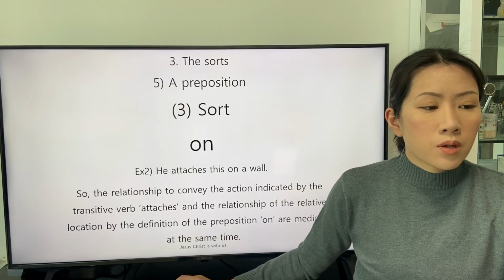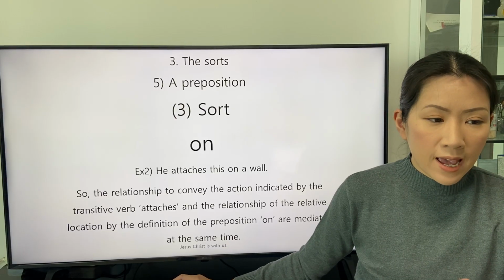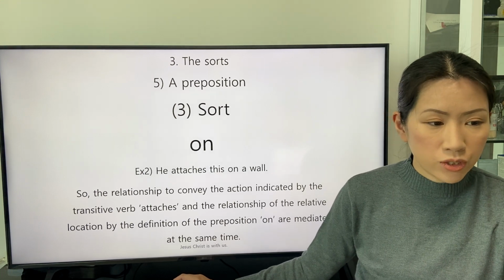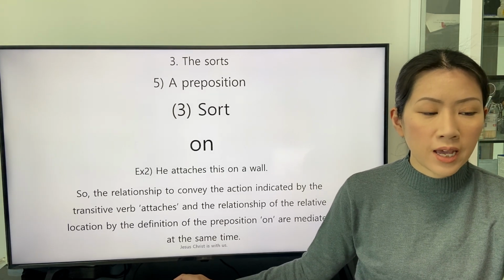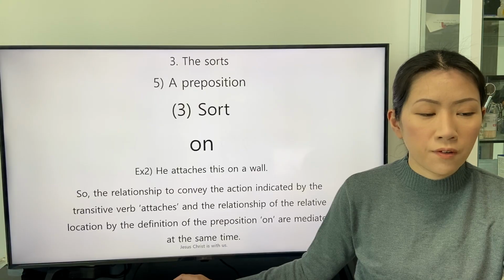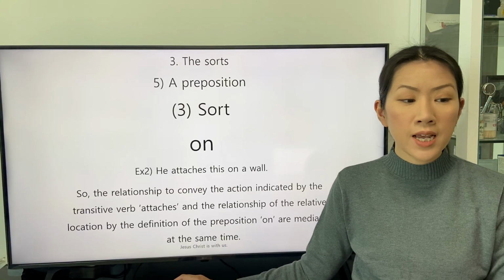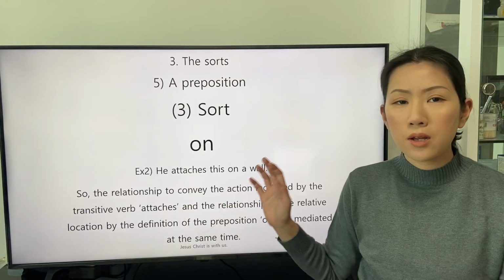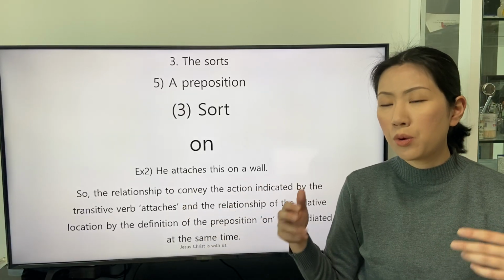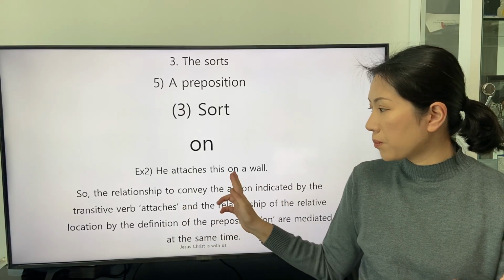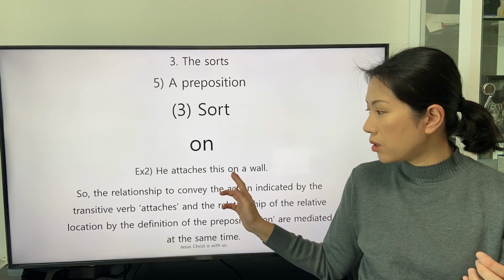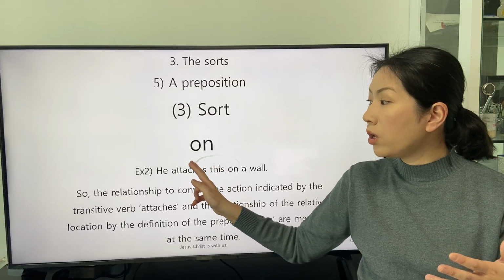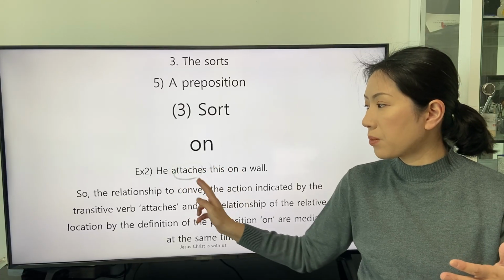So the relationship to convey the action indicated by the transitive verb attaches and the relationship of the relative location by the definition of the preposition on are mediated at the same time. This explanation is about the reliance of the definition of the preposition on the definition of the transitive verb attaches.